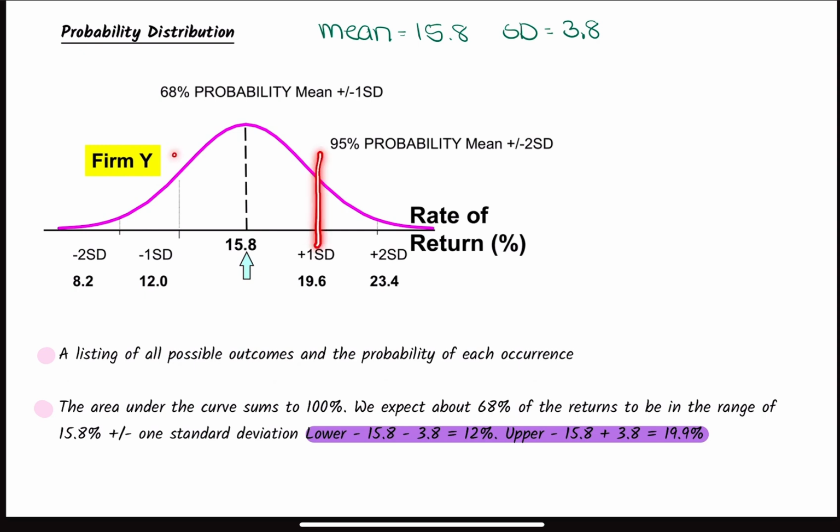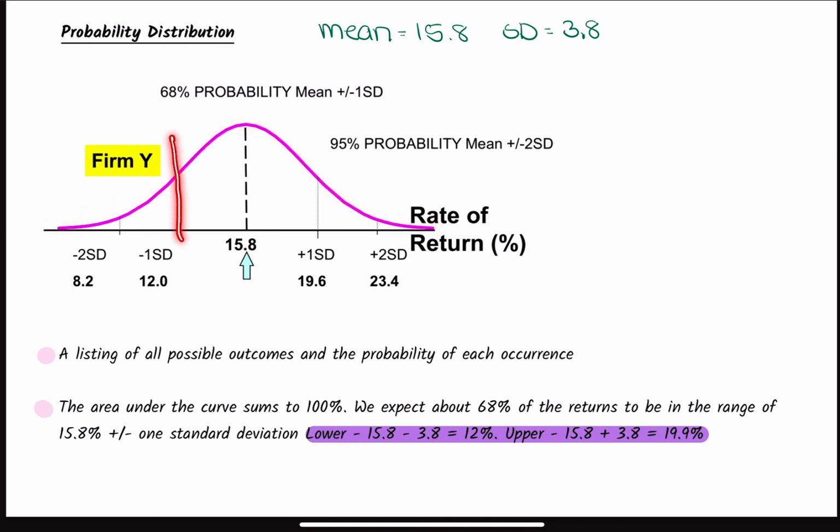1 standard deviation going out is 68% of our values. So there's a 68% probability that we will have a return within one standard deviation. So there's a 68% probability that we'll have a return between 12% and 19.6%. The area under this curve is 100%.